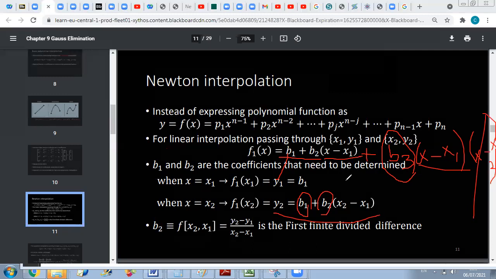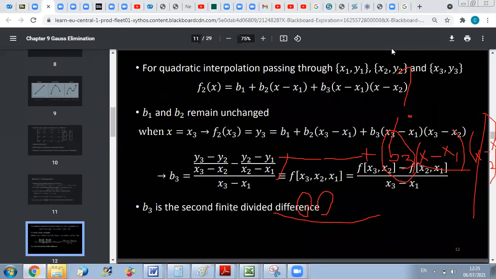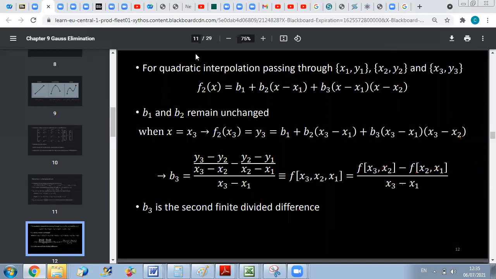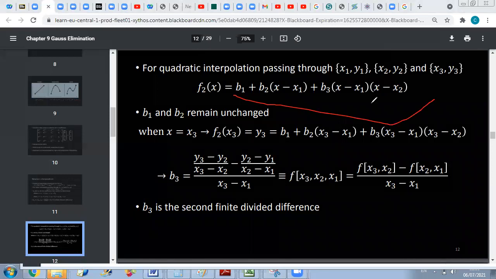So you only have to determine a new coefficient b3, and b3 is determined by setting f of x3 equal to y3. Okay, so when we define the quadratic interpolation in this form, you can conclude the general form. Start by b1, plus b2 times x minus x1. When you have b3, you do x minus x1 times x minus x2.